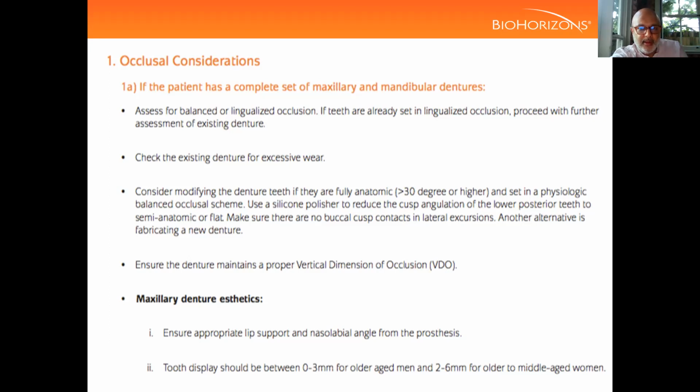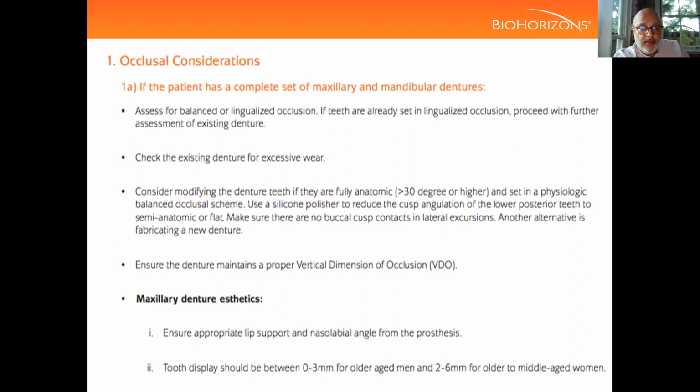Quite often, if I'm placing upper restorations on implants, I want to make sure that the buccal cusp of these restorations is quite shallow in its guidance and not steep. So there isn't a massive force in guiding down the buccal cusp with the lower teeth and getting out. You want them to get out quickly, and that's your shallow guidance. That's in lateral excursions, but you need to apply the same to the anterior teeth as well.